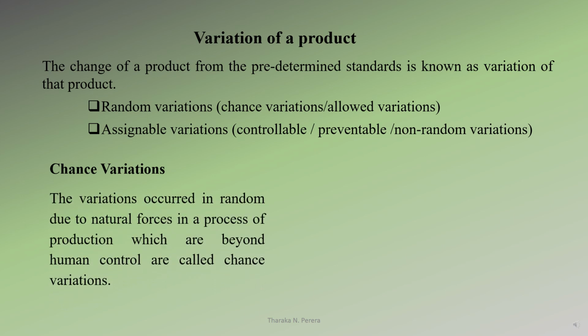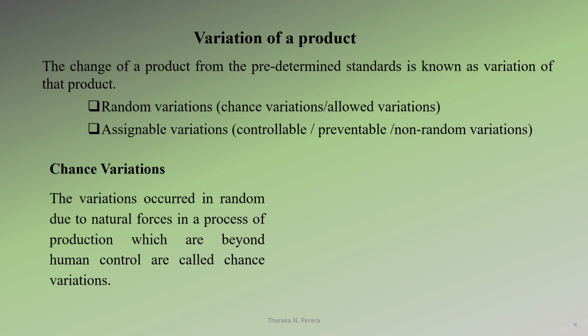Let's see what chance variation is. The variations that occur randomly due to the natural forces in a production process, which are beyond human control, are called chance variations. The identified errors cannot be corrected, and those errors can be expected to be corrected naturally.